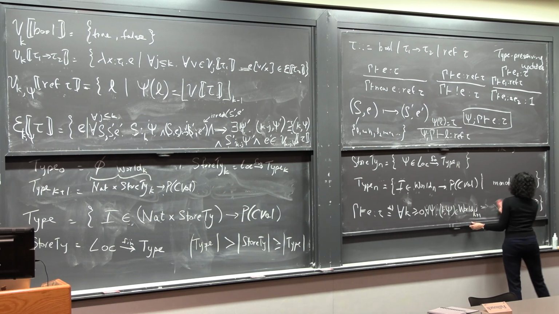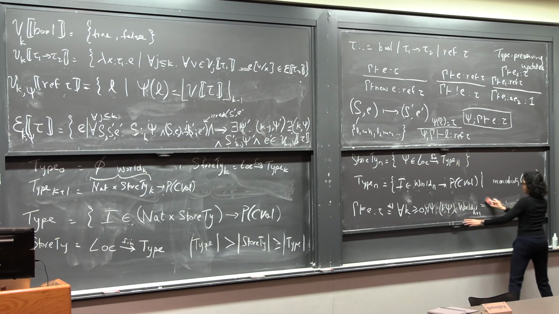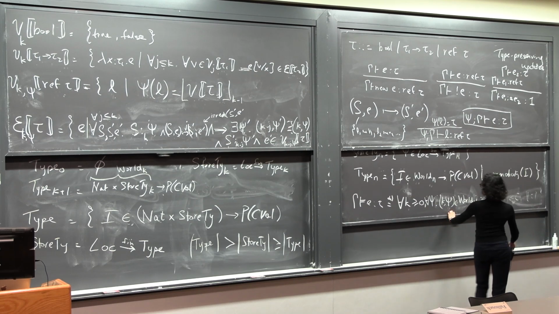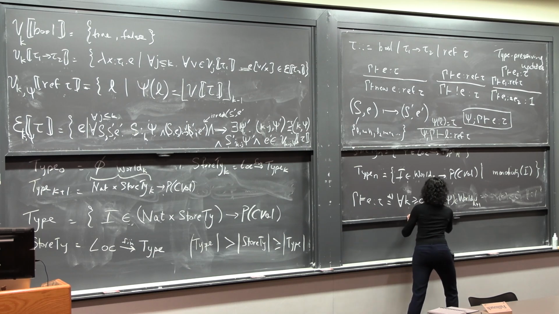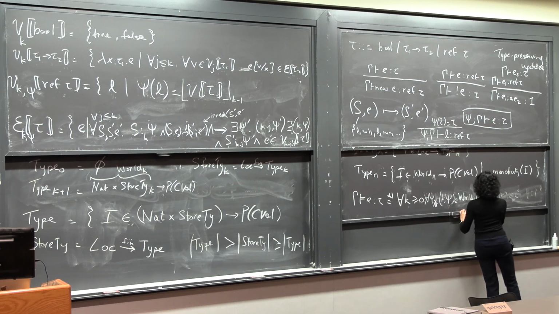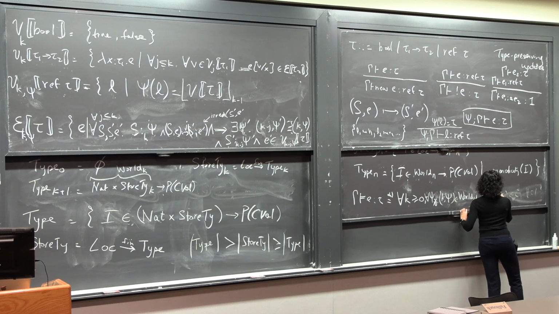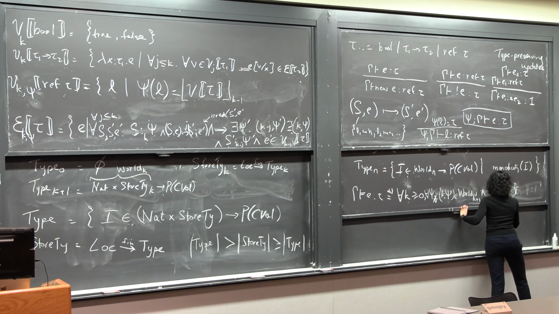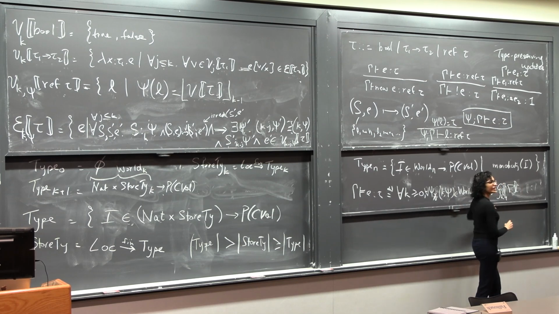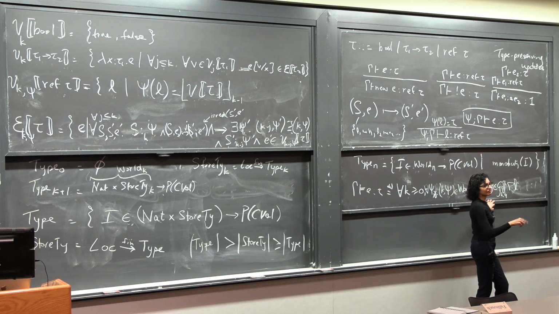Now we have to say, give me, let me just put my for all gamma somewhere. Give me a substitution that belongs to G of gamma in the world k psi. And you know what this is going to do, right? It's going to say every single value needs to belong to V tau k psi.